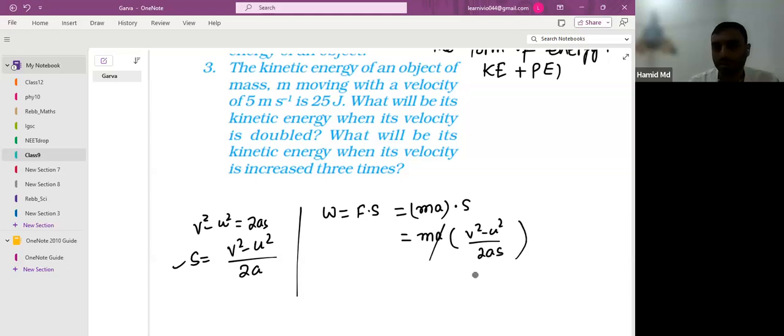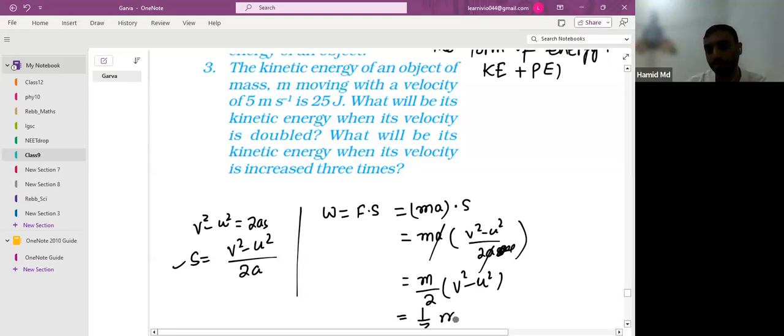Now cancel this a with this a. Why am I writing s over here? S means v square minus u square by 2a. So it is m by 2 into v square minus u square. Further, it will be half of m v square minus half of m u square, right?